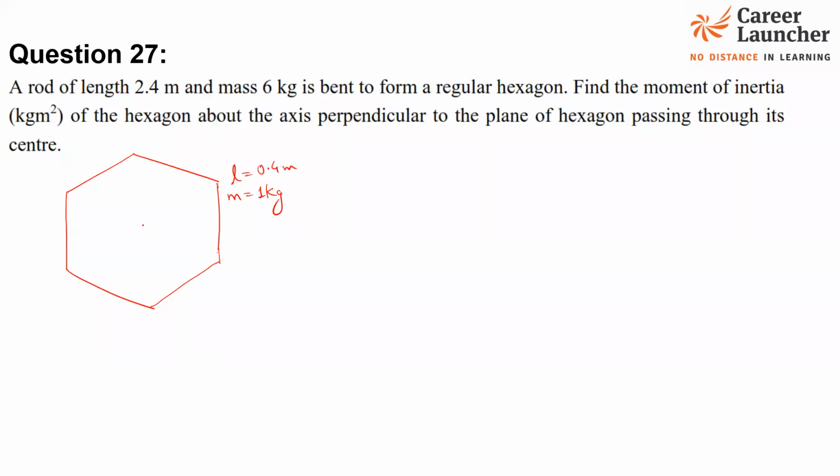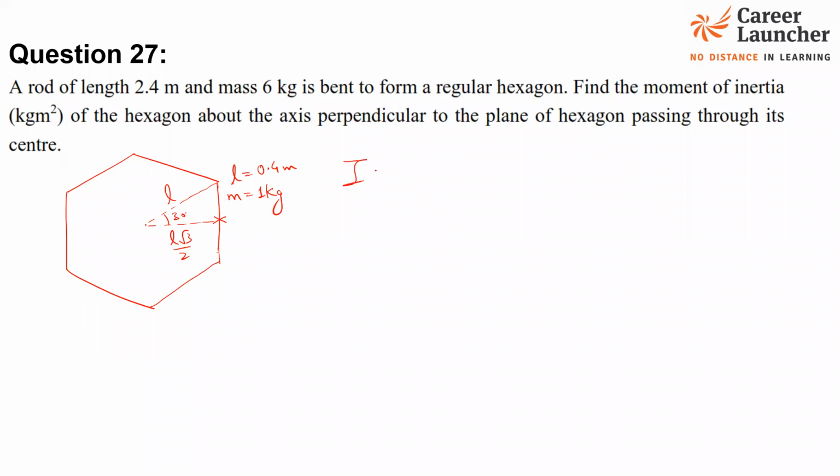Now let us find out for only one of the rods. For this, it will be ml square by 12, and if I join this, this will also be L, and this will be 30 degree. So this is L cos 30, which is L root 3 by 2.